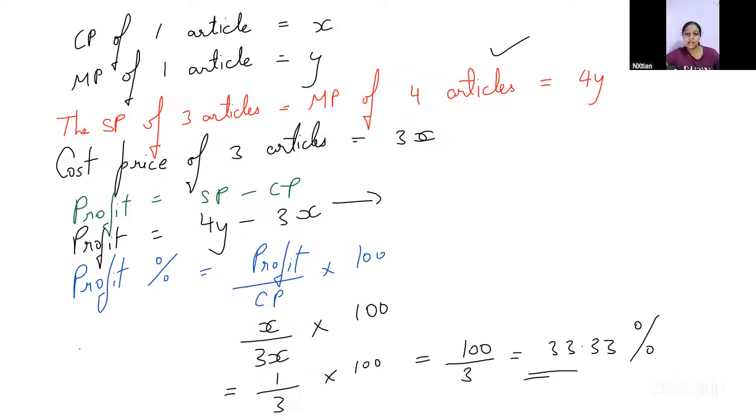We are assuming that the cost price per article equals the market price per article, so our X is equal to Y. In the place of 4Y, we replace it with 4X, and then minus 3X gives us X, which is my profit.